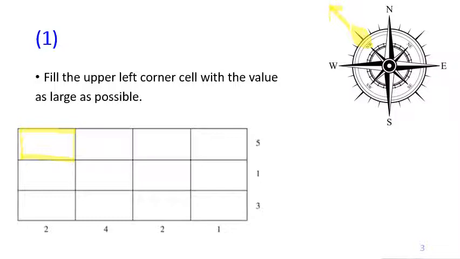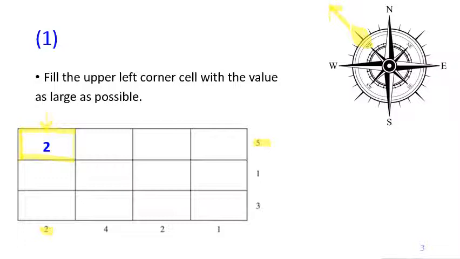And then for that cell, we have the supply of 5 for the first row, and then the first column has the demand of 2. So when we want to fill this cell with the value as large as possible, obviously the largest possible value is 2 because the demand is only 2, so there's no need to send more than 2 units to the first demand point.